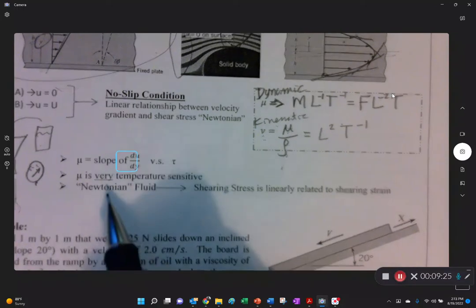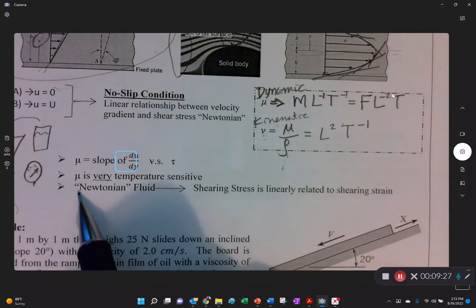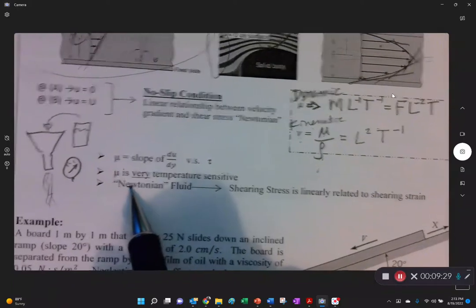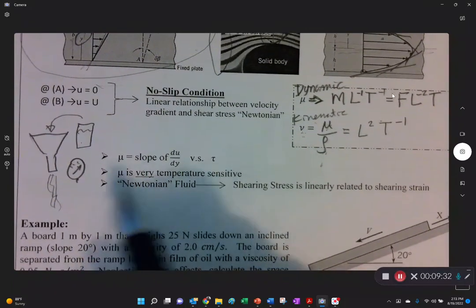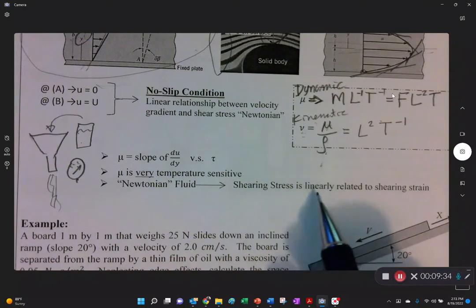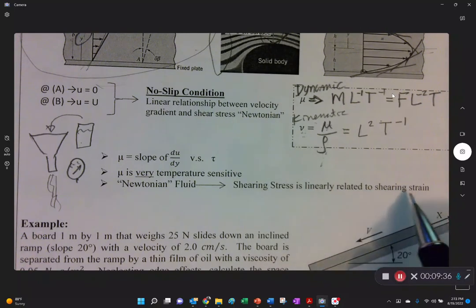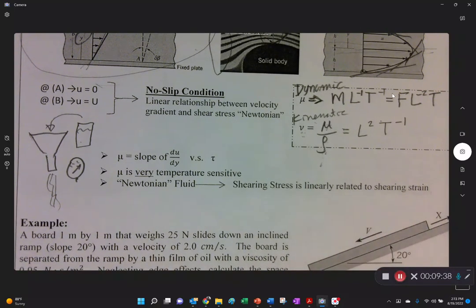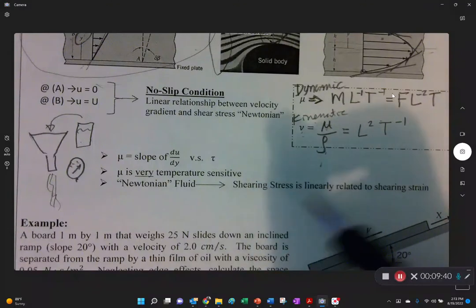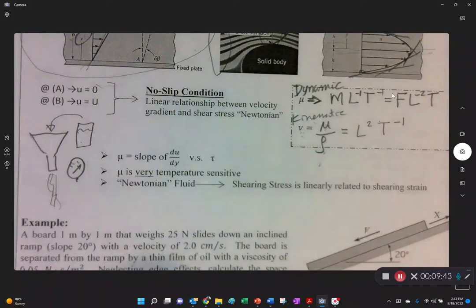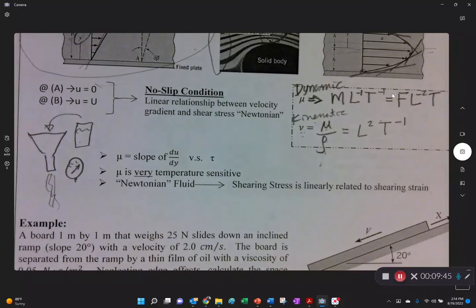But anyway, something we should point out is that a Newtonian fluid is one where the shearing stress is linearly related to the shearing strain. Another way to think of it, for a Newtonian fluid, it's the same regardless of the velocity that we move through it.